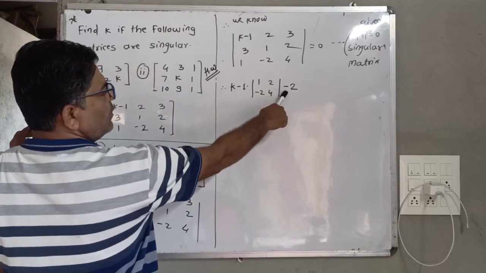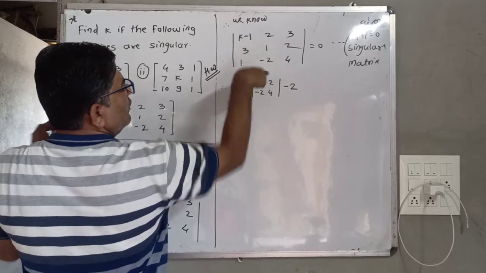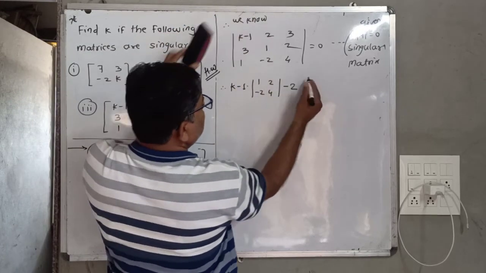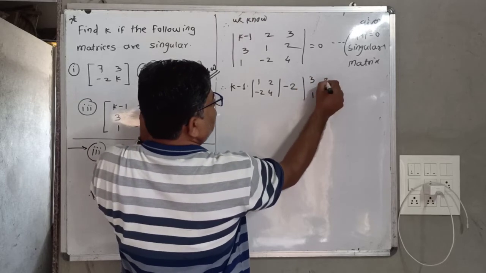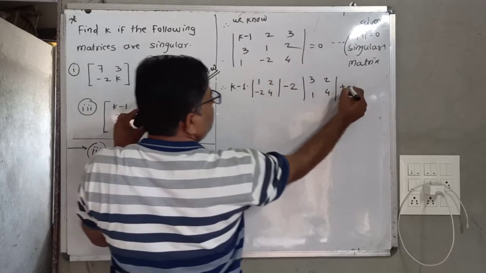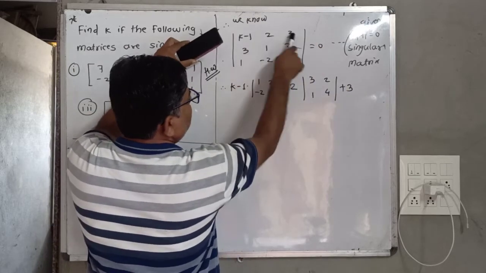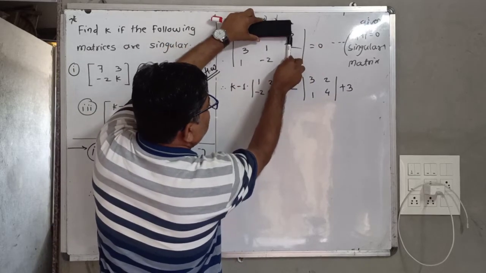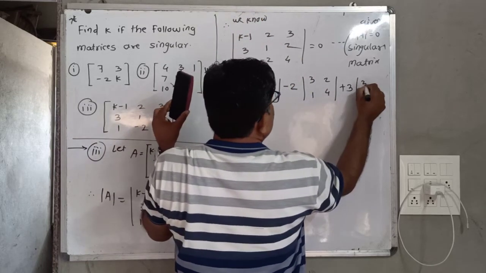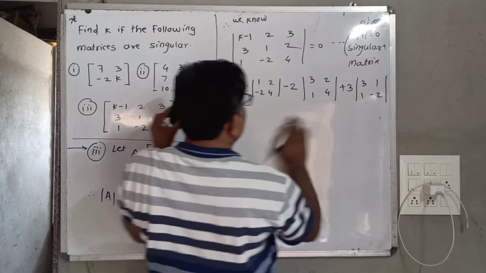Now for the 2, second row and second column will be deleted, what you see here is 3, 1, 2, 4, plus sign compulsory. Now move down to the next number 3, then its row and first column will be deleted. What you see is 3, 1, 1, minus 2. Solve this.